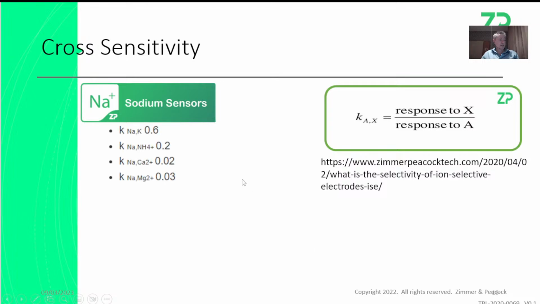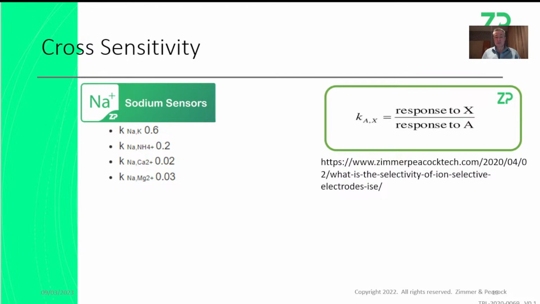So if we look at our sodium sensor, what this says is that if you have equal molar of sodium and potassium, then it'll show about 0.6, or 60%, of the sensitivity to potassium as it would to sodium. But the reason that's not a problem is because in at least most mammalian systems, the sodium is actually much higher than the potassium.